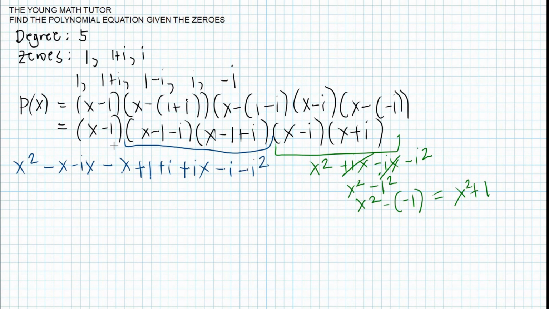So the two ix zero out, and that's the same thing for i and negative i. So we will have x squared minus 2x plus 1 minus i squared. But i squared is negative 1, so we can rewrite it as x squared minus 2x plus 2.